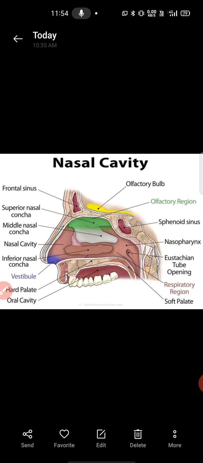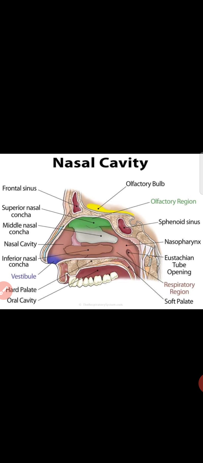These ophthalmic, maxillary and facial arteries make an anastomosis, that is, they are all joined and form a plexus that supplies blood to the nose.